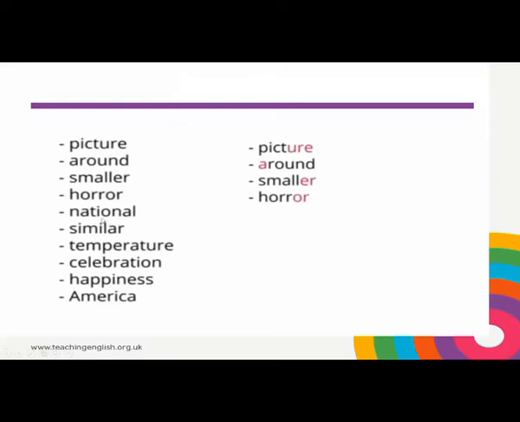There are two schwas, here and here. National. Yes, here and here. Next. At the end. Yes, there is a vowel plus R, so the schwa is here at the end.